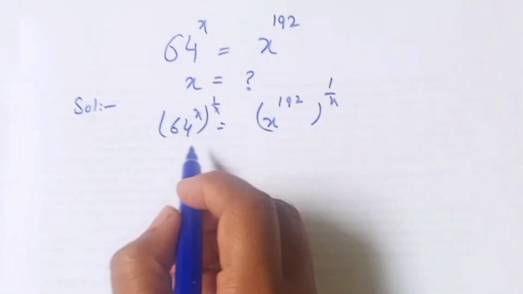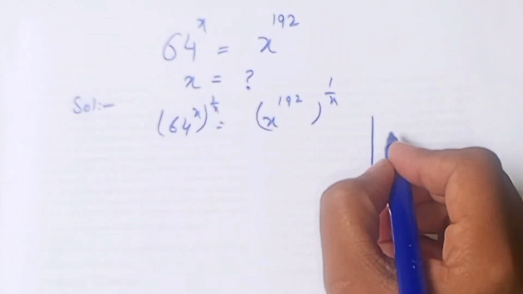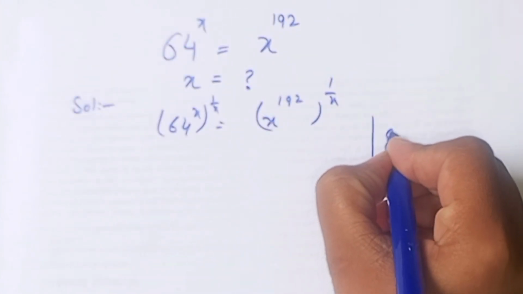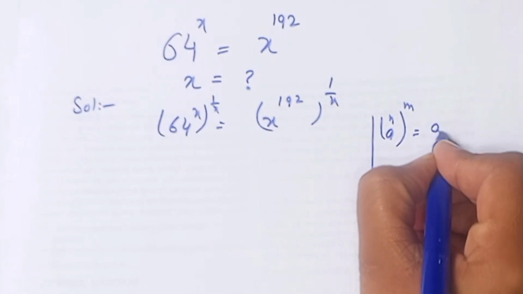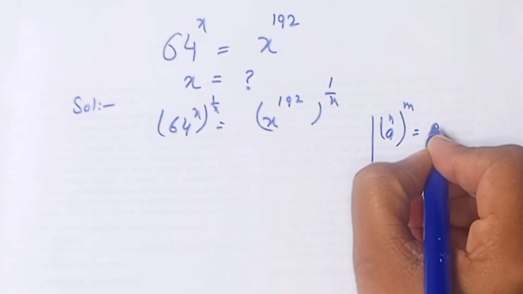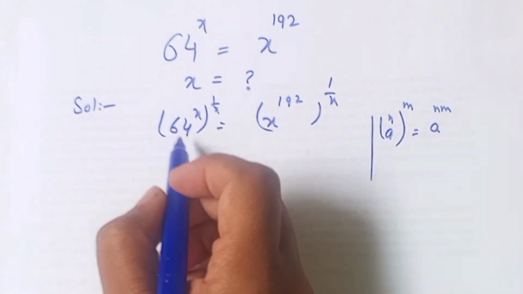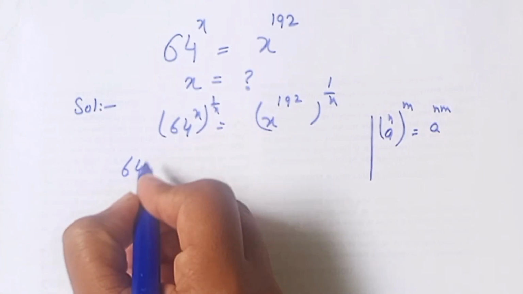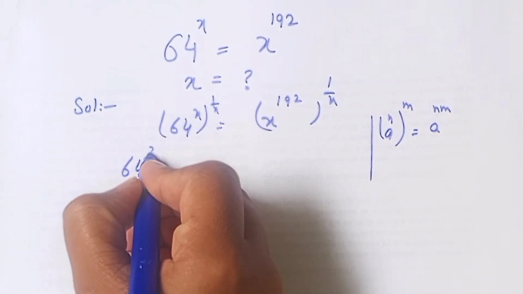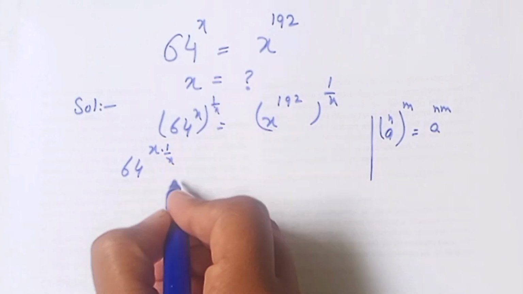So in the next step, we apply the exponent rule, which is a raised to the power n multiply m. We write this as a raised to the power of the product n m. We apply this property on this value. So this is 64 raised to the power x multiply 1 over x.